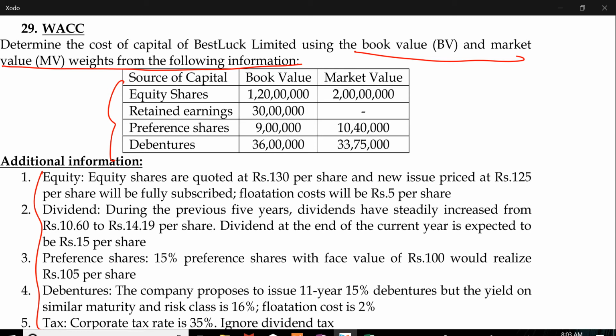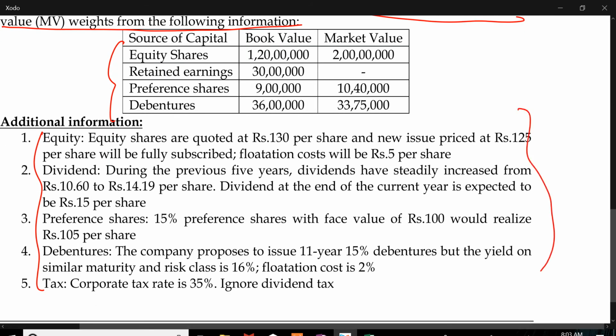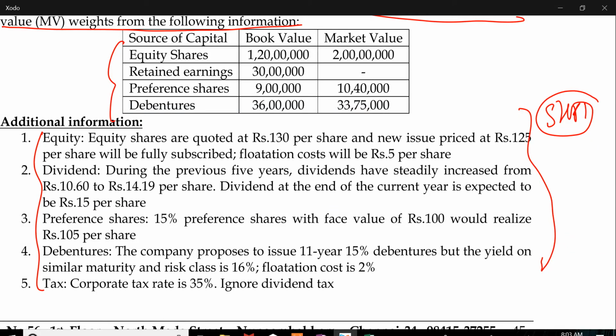To cut it short, if additional data is available, all of this will be used for step 1. That is, you will calculate as if you are going to do a new issue today, because the concept is that WACC has to be based on current market condition, not based on what you have done historically.